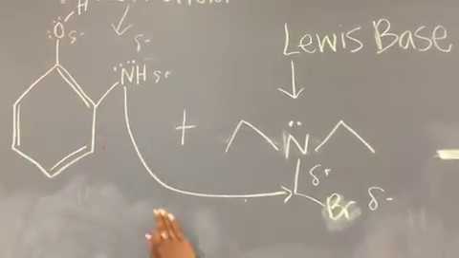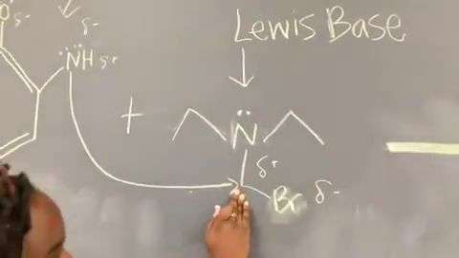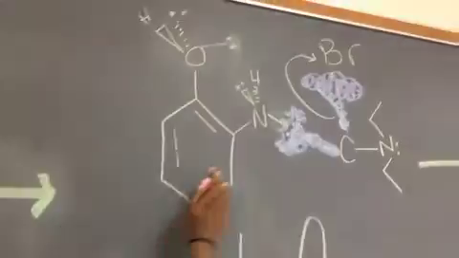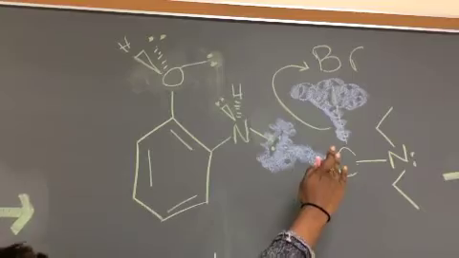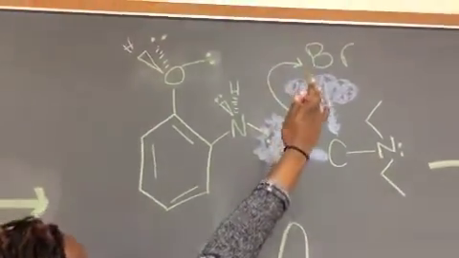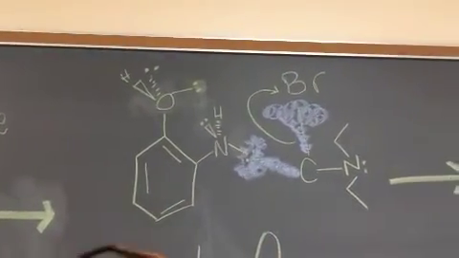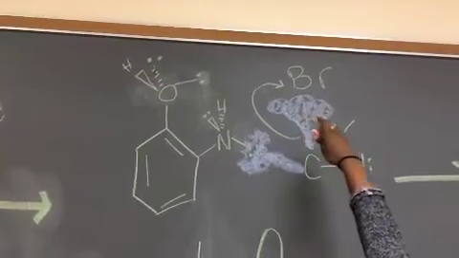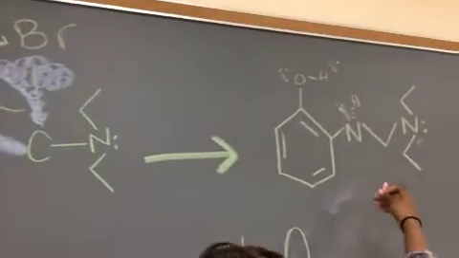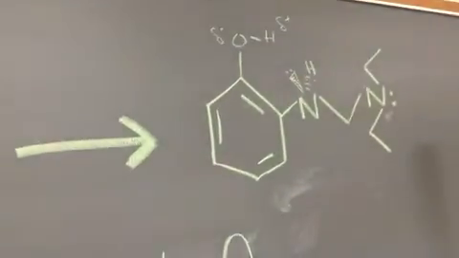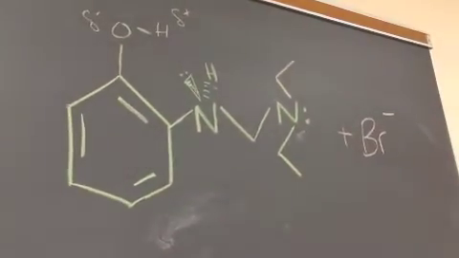So when the nitrogen attacks the positive charge, our product then looks like this, where the nitrogen is making a bond with the carbon, as well as the bromine coming off and taking its two electrons, one electron from the carbon and one of its own, and therefore we end up with this final product and the bromine with a negative charge.